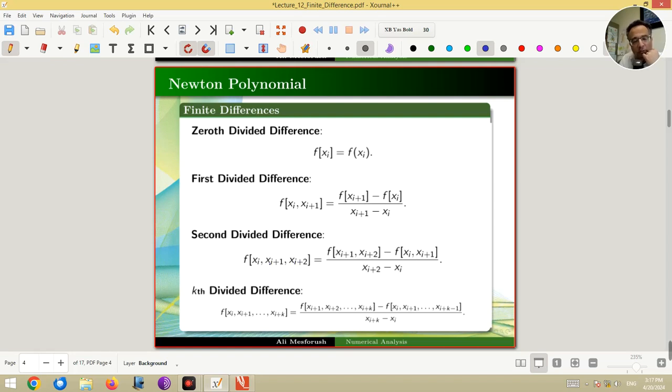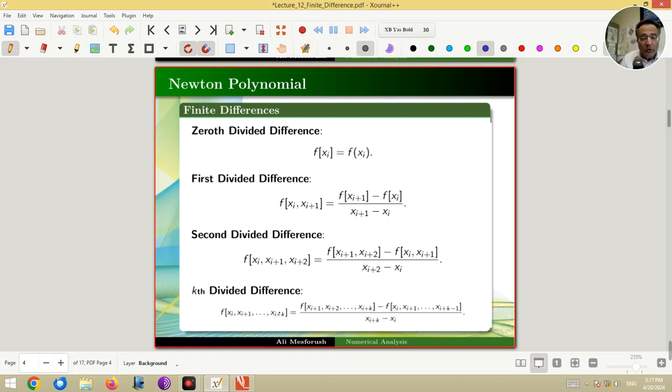What do you see? f of x_i and x_{i+1}. Write it here. And put a minus here. And finally, you put the last term minus the first term. This one.